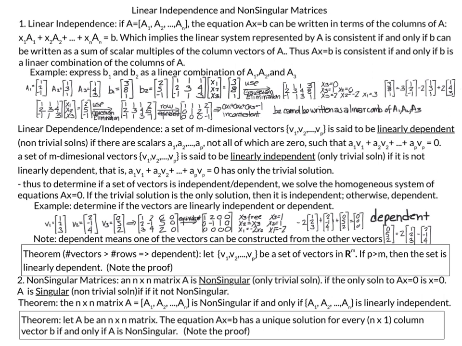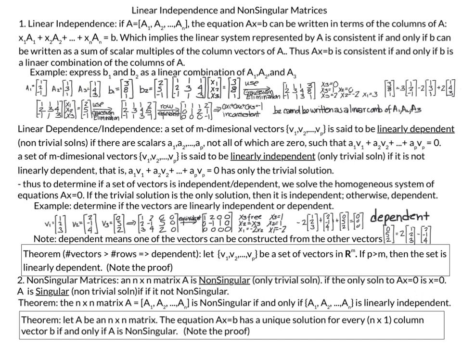But this implies that the linear system represented by A, here, that Ax equals b, is consistent if and only if b can be written as a sum of scalar multiples of the column vectors of A, as we have here. b is written as a sum of the scalars x1, x2, and xn times the column vectors a1, a2 up to an.